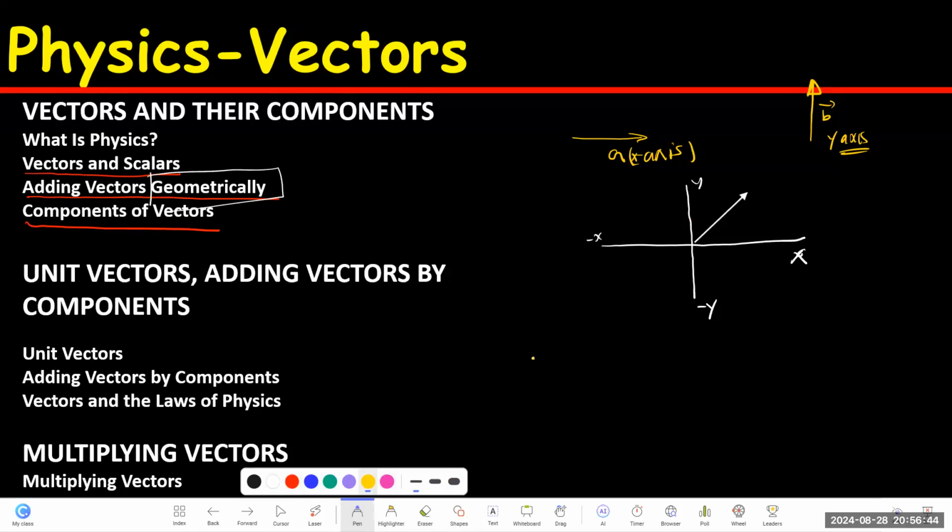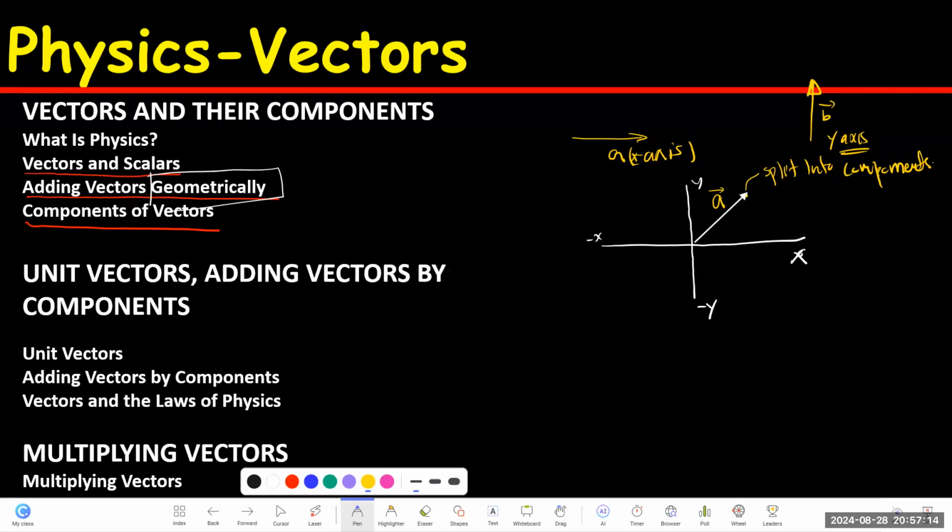Now this vector is not along the x-axis and not along the y-axis, so I need to split the vector. I'm going to call it A, just for the sake of simplicity. This vector needs to be split into two components.